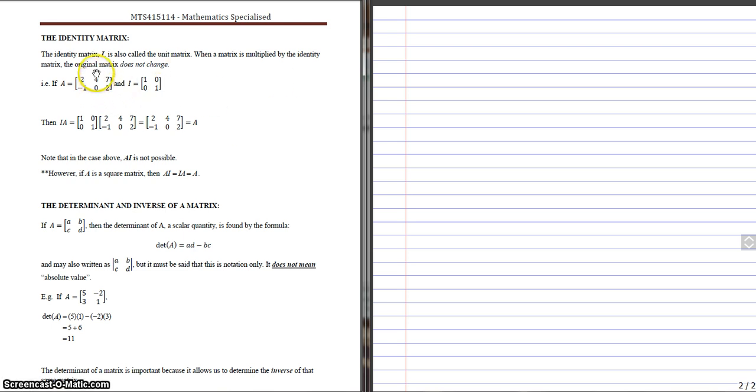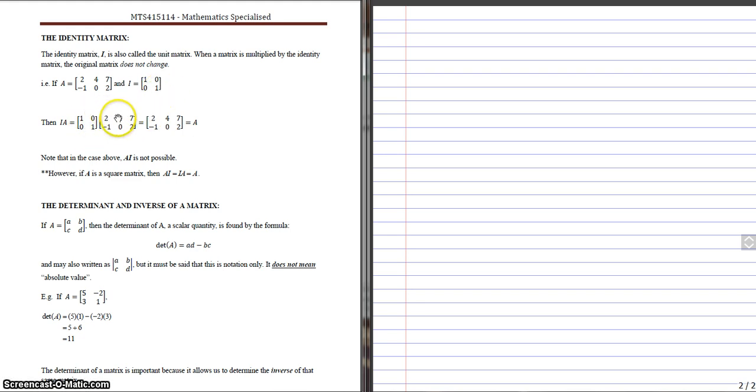So if we have our matrix A here, which is a 2 by 3, and we multiply by our 2 by 2 identity matrix in this way, I times A, so we've got our identity matrix first, because remember the number of columns in the first must equal the number of rows in the second matrix.